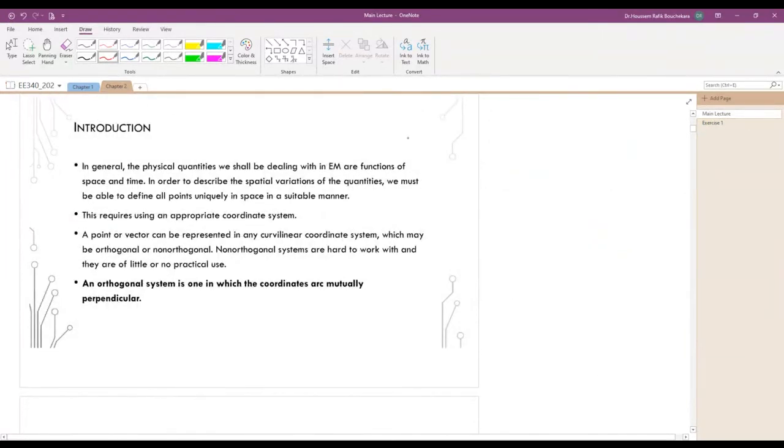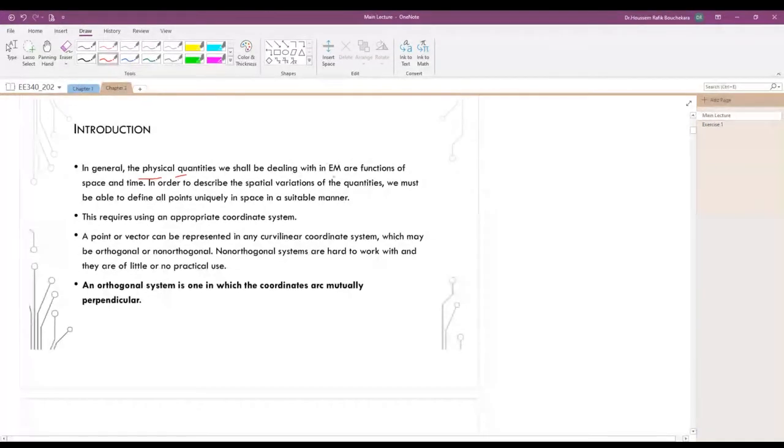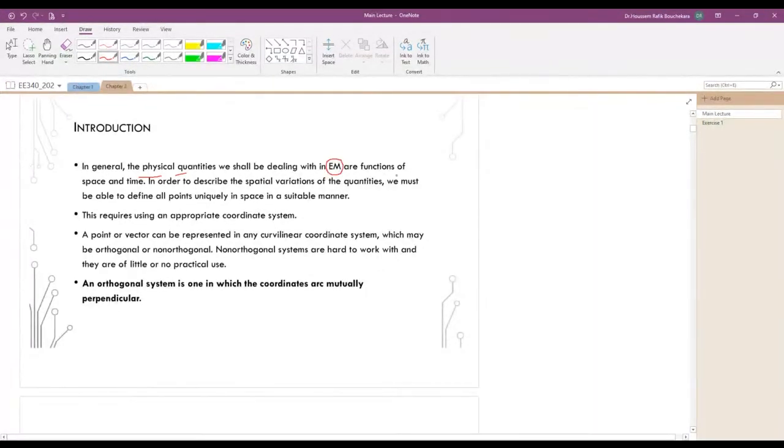In general the physical quantities we shall be dealing with in EM electromagnetics are function of space and time. Okay, and sometimes they are just function of space. This is why we have electrostatics. Statics means that there is no change with respect to time.